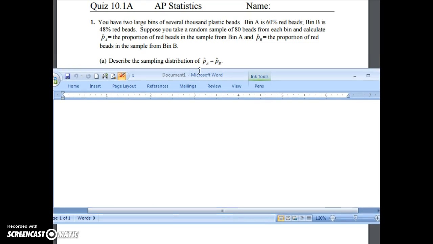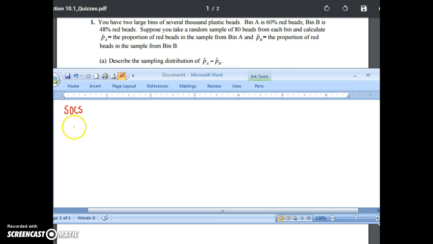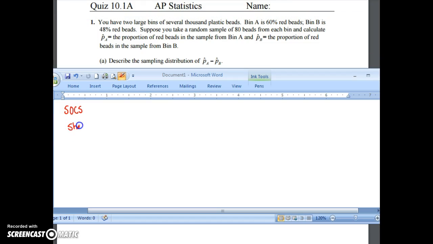So again, whenever they ask you to describe the sampling distribution, you are describing the SOCS. Now, there won't be any outliers in this case, but we're going to start with shape. In order to figure out shape, we just saw that we have to show that it's approximately normal.